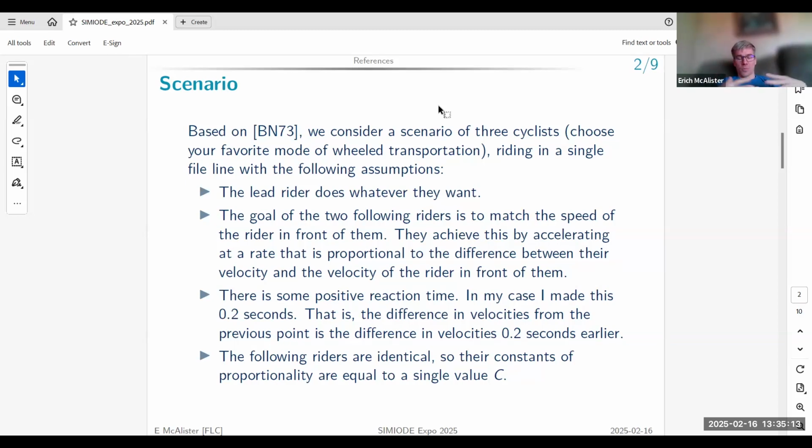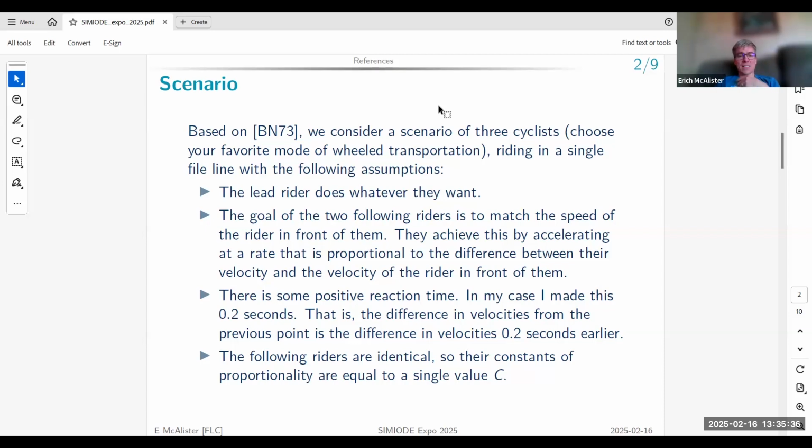In the scenario that I present to my students, we say that the riders are in fact identical twins, and there are some identical twins in the professional cycling world. These are things that I put into the scenario. So there's one constant of proportionality.